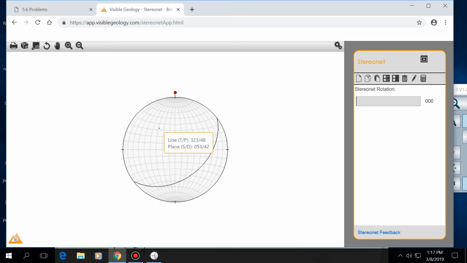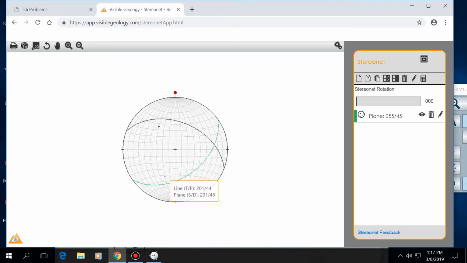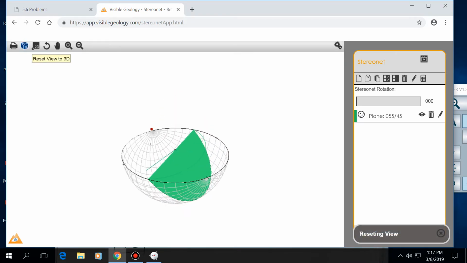No, I think the dot. 45 is an angle. You don't need the way, where do you go? And then it's also, it tells you the position in angles of the line, this line, and the plane.